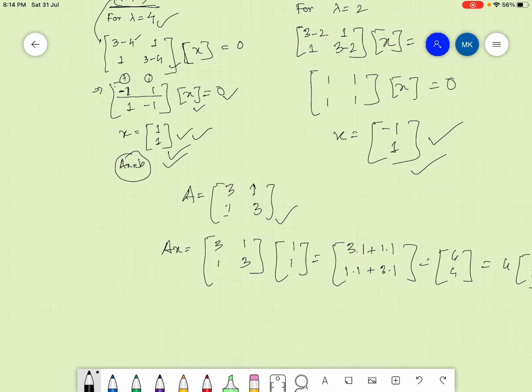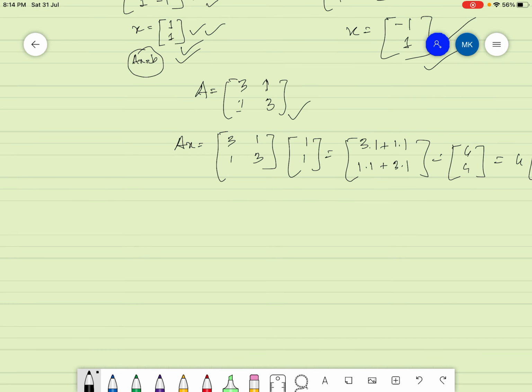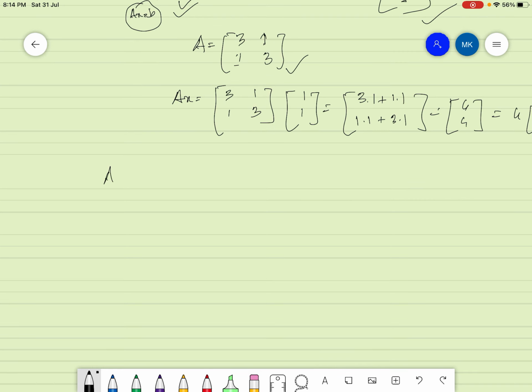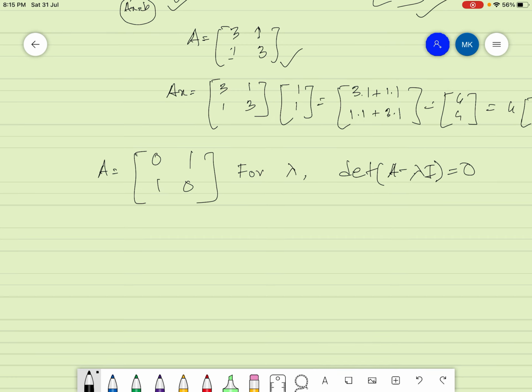Alright, so if you take another matrix like A equals [0, 1; 1, 0], for lambda you'll have to do this calculation, which is determinant of [-lambda, 1; 1, -lambda] equals 0.